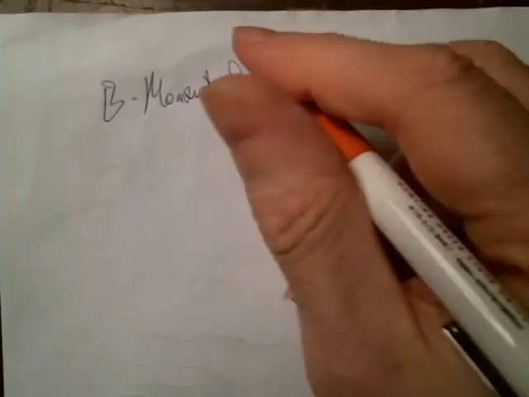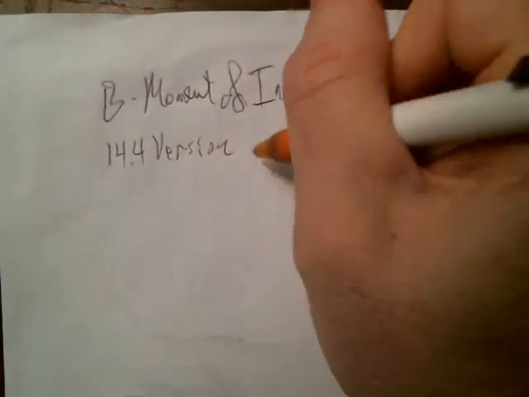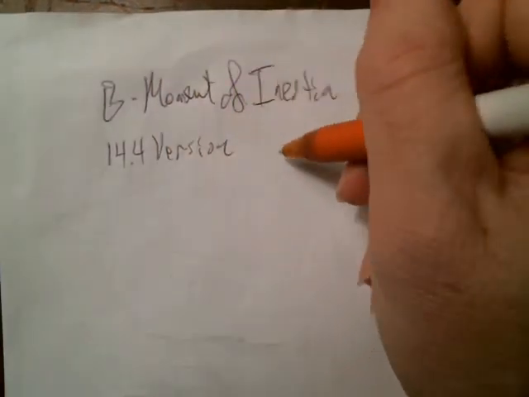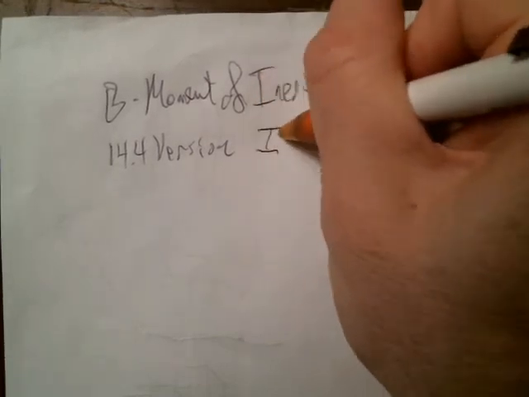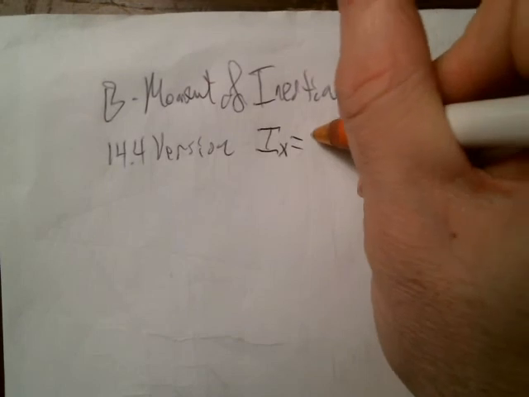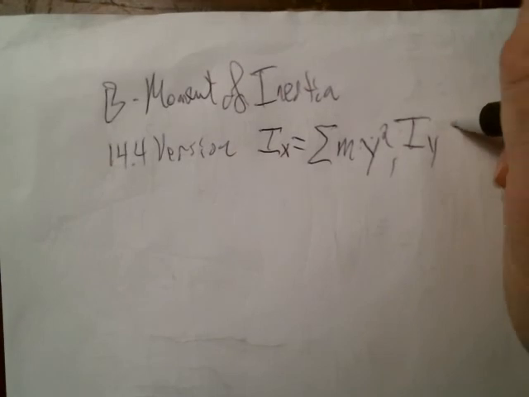In the 14.4 version, we were able to just build our integrals with x squared, y squared, and z squared in that fashion. So the moment of inertia about the x-axis would be the sum of the masses times y squared, and then the moment of inertia about the y-axis would just be the sum of the masses times x squared, right?